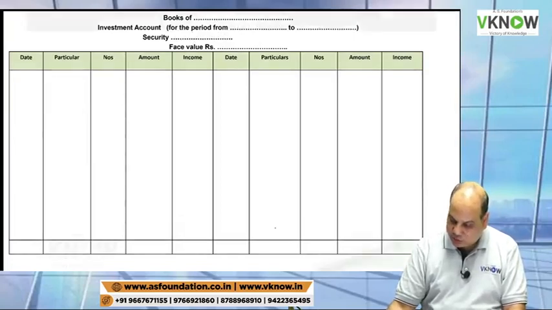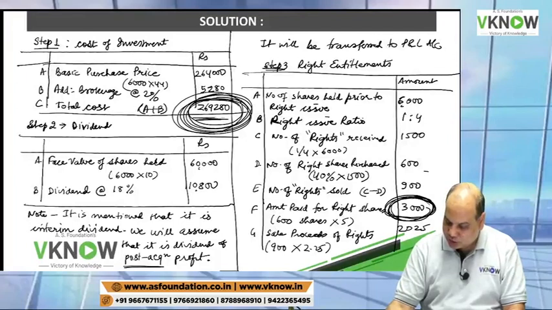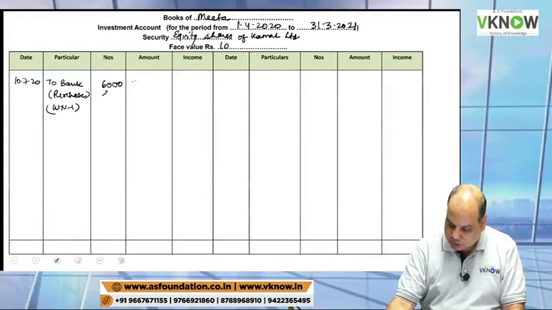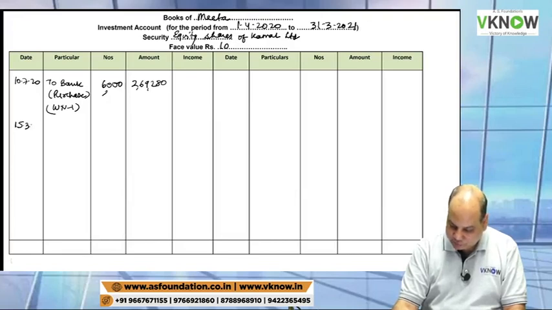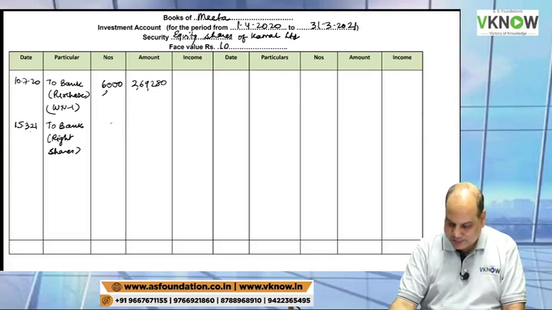And the amount is, let me check, 269,280. Then 15th March 21, the last point in the table, right shares purchased, to bank. How many right shares were purchased? 600 right shares at 3000 rupees.